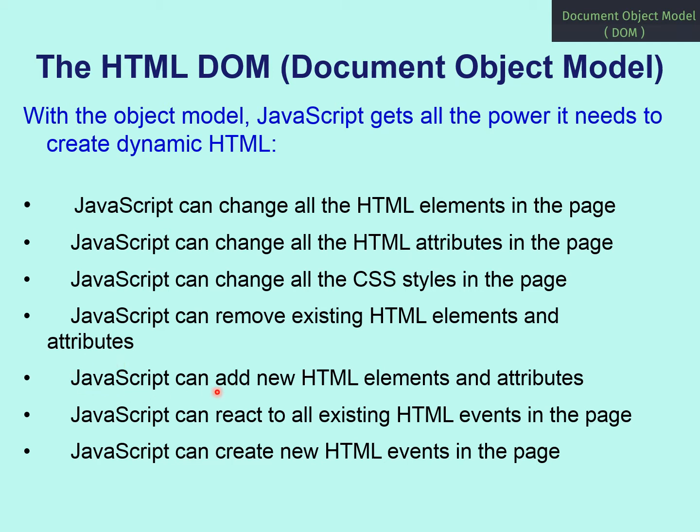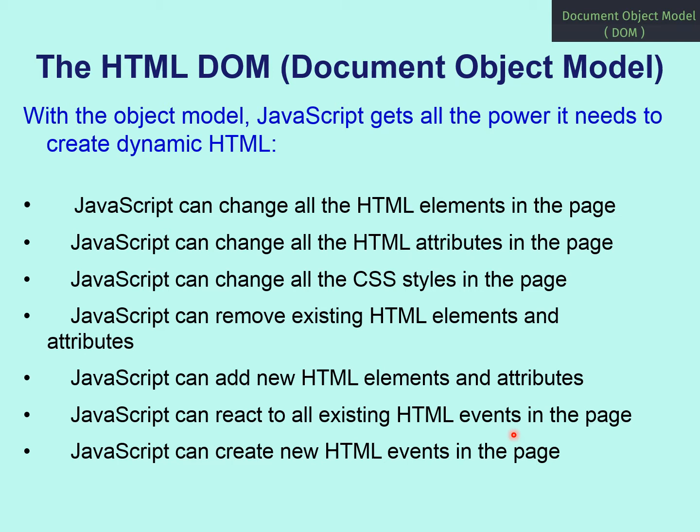JavaScript can add new HTML elements and attributes. So it is also responsible for adding new HTML elements and attributes. JavaScript can react to all existing HTML events in the page. We already discussed the different types of events that can occur on a web page, like onsubmit, onclick, onload, onunload, onmouseover, onmouseout, ondblclick, likewise.